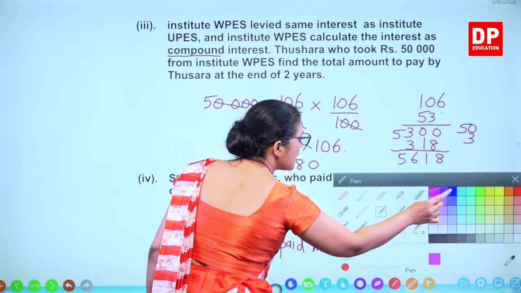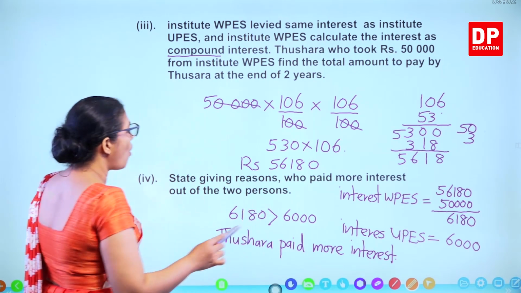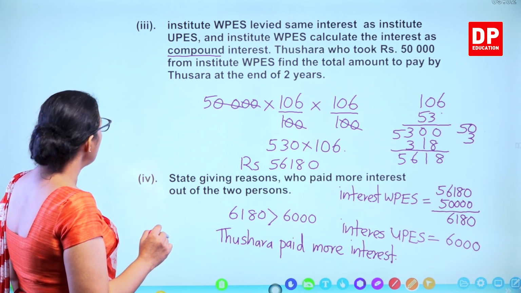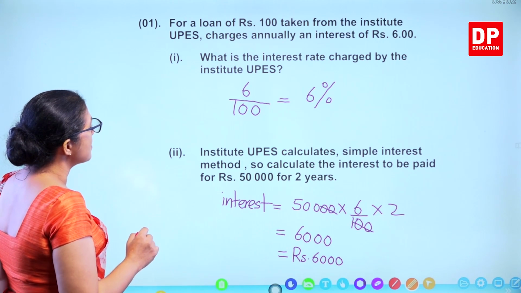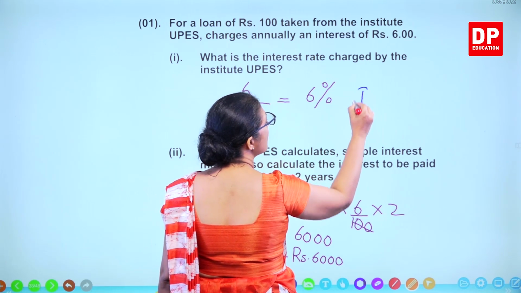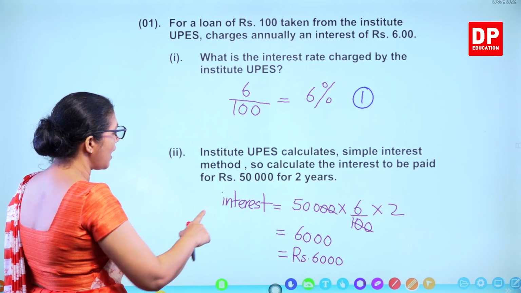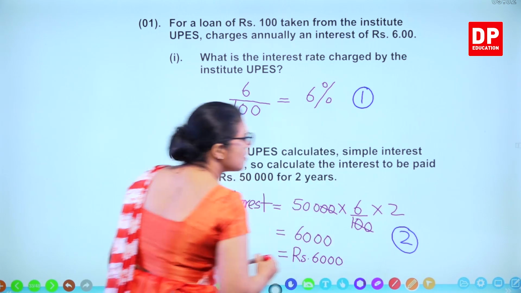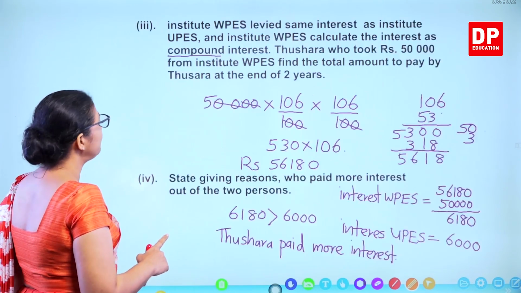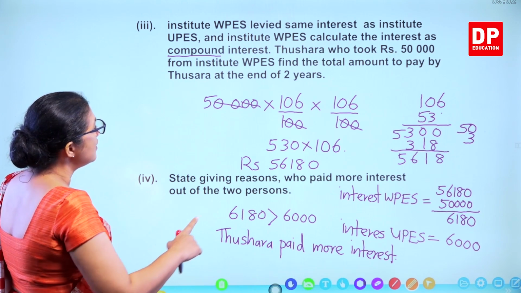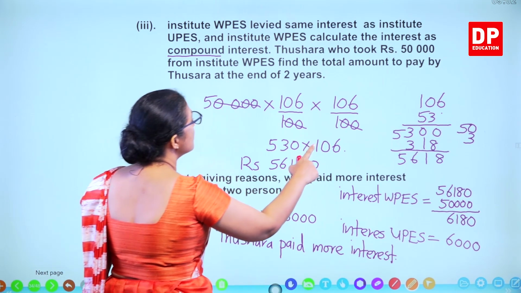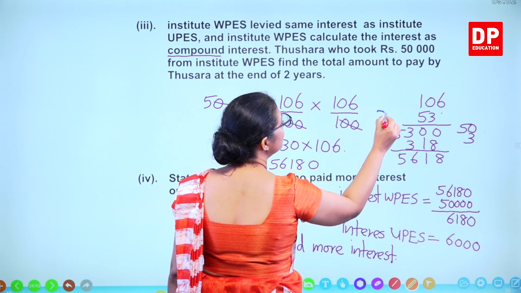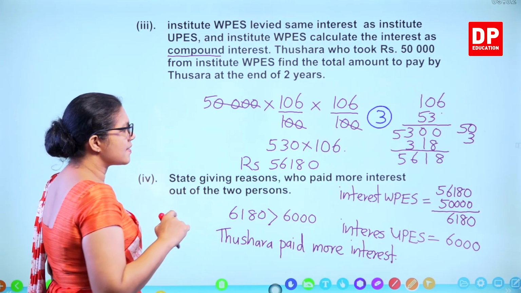So how do you get marks now? We did all parts in question number 1. So you need to see how many marks. This one, just 1 mark. And to calculate the interest, just 2 marks. 2 and 3. And here you get 3 marks here. 6.